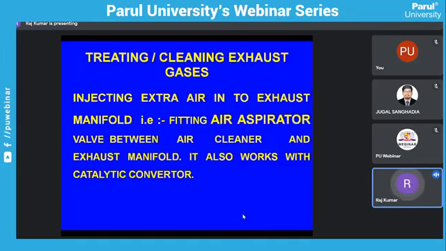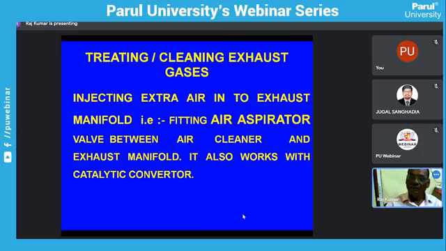We can inject extra air into the exhaust manifold. As we know, there are exhaust sensors, or rather we can say oxygen sensors, installed in the exhaust manifold, which will sense the quantity of oxygen present in the exhaust.